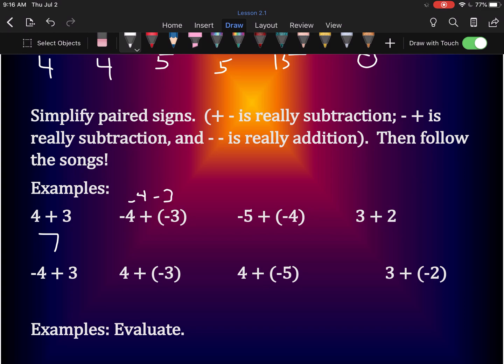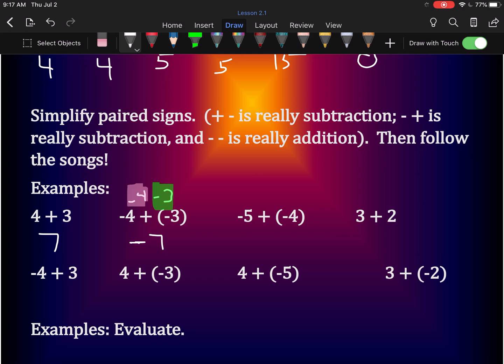Remember up here it says plus and negative is really subtraction. Now there are two numbers. Those numbers are negative 4 and negative 3. Those numbers have the same sign. They're both negative. So when adding them, same sign, keep the sign, negative, add the numbers. 4 and 3 make 7. Same sign, keep and add.